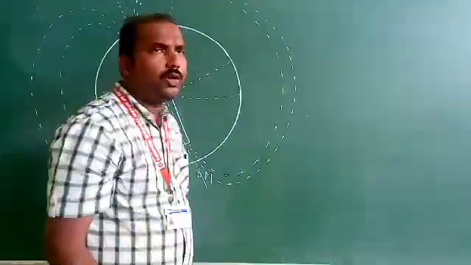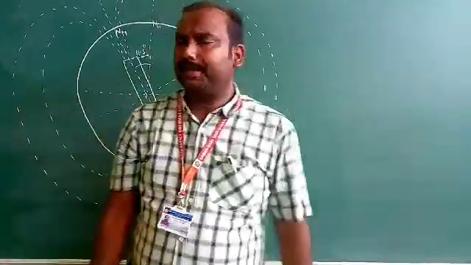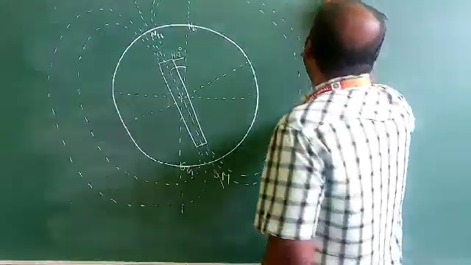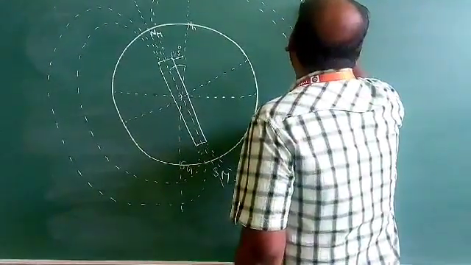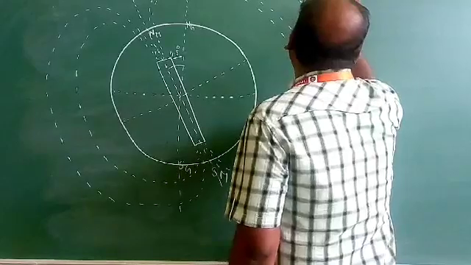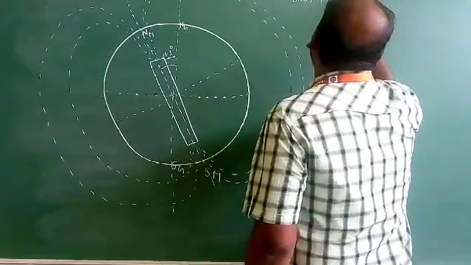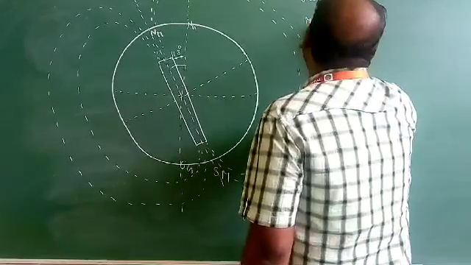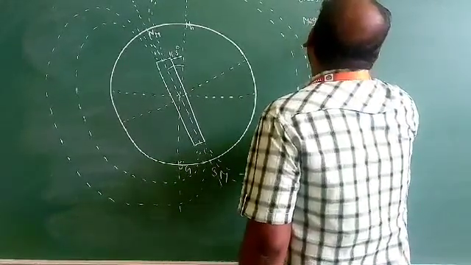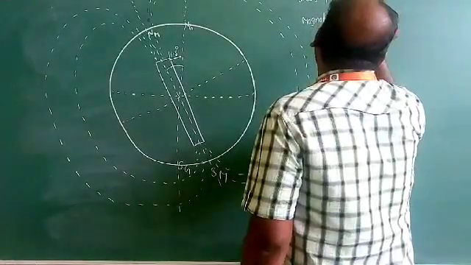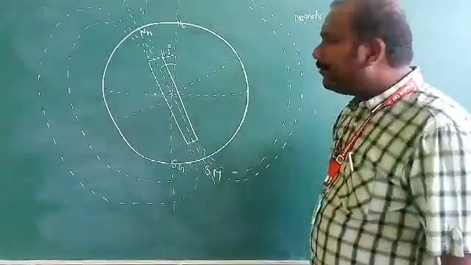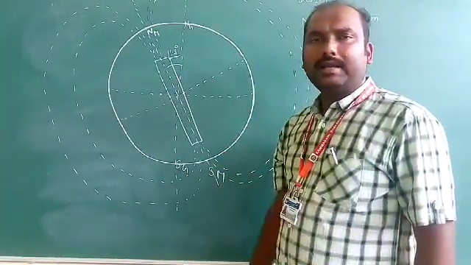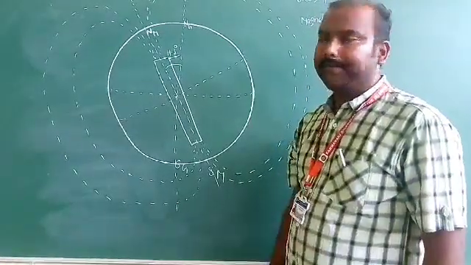Now, before learning the elements, everybody must know a few basic terminologies. What is the meaning of geographic meridian? What is the meaning of magnetic meridian? See, the line which is passing through the geographic north and geographic south, we call the geographic meridian.